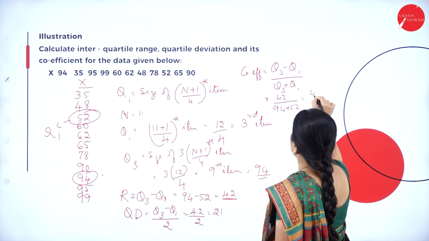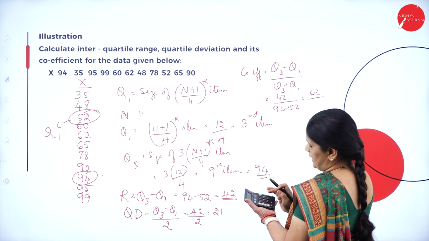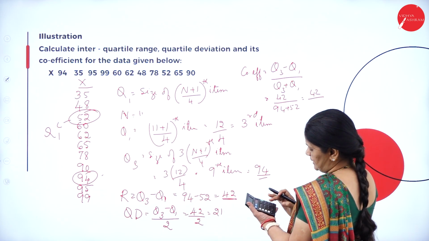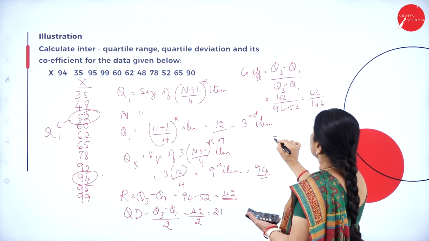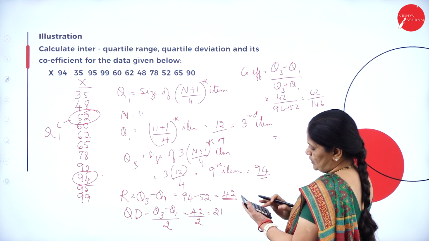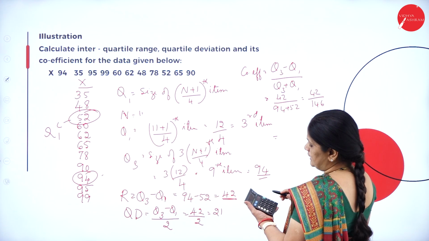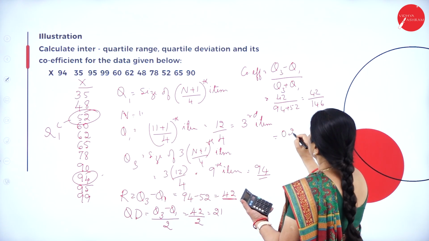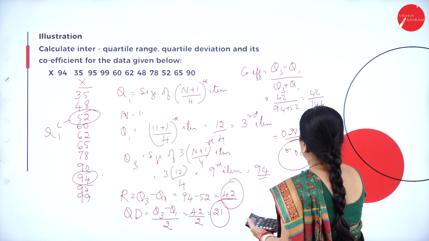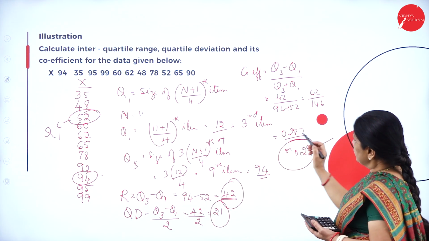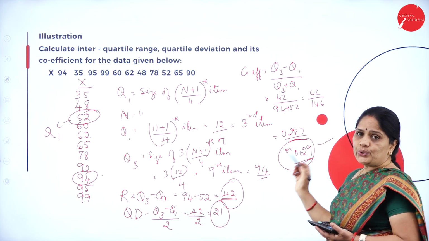I just add 94 plus 52, 146. So when I simplify this, 42 divided by 146, I get the answer as 0.287. So we have here the coefficient of quartile deviation is 0.29.